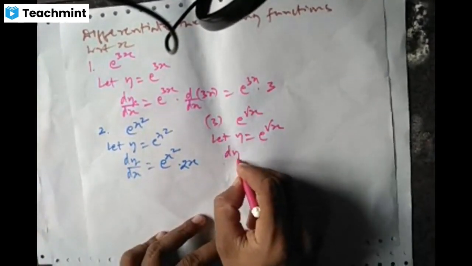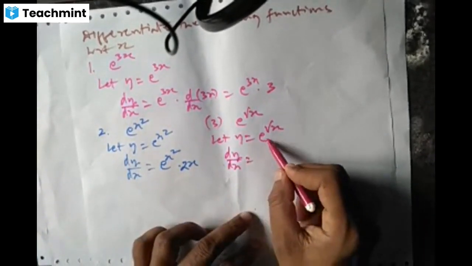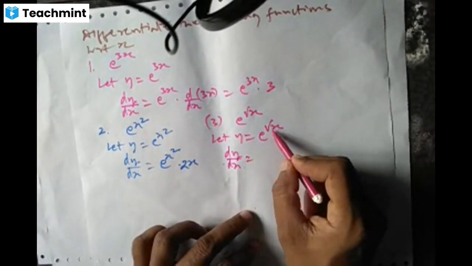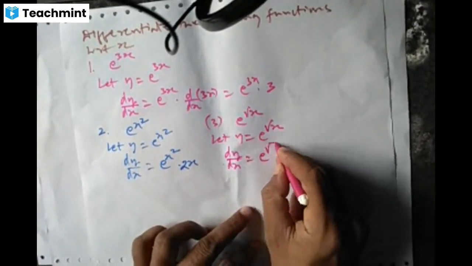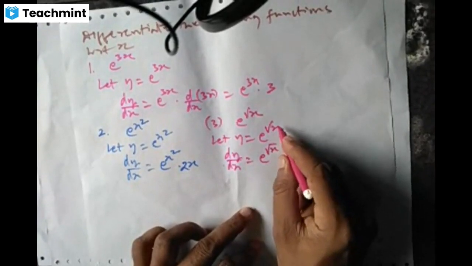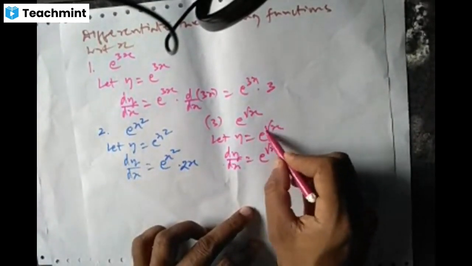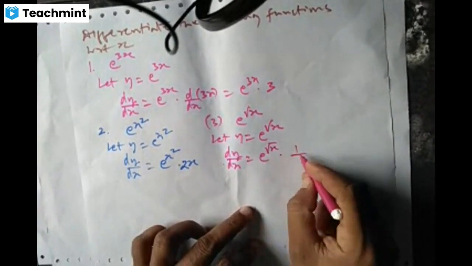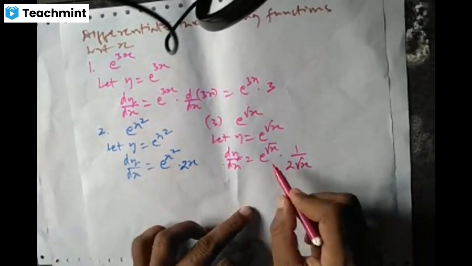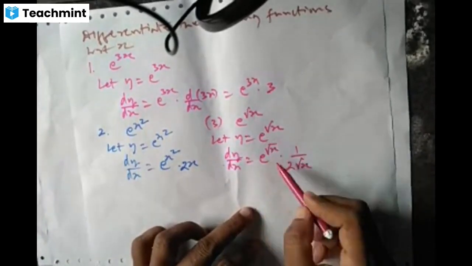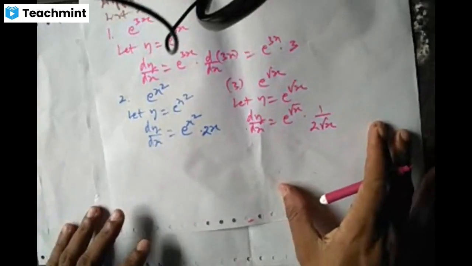Then dy by dx is equal to the derivative of e power u. You just assume this as a single variable u. The derivative of e power u is e power u itself. So e power u, but u is what? Root x, into d by dx of this function. d by dx of root x is 1 by 2 root x. So the derivative of e power root x is e power root x into 1 by 2 root x.